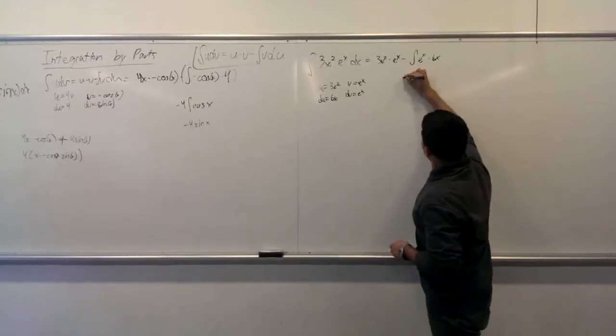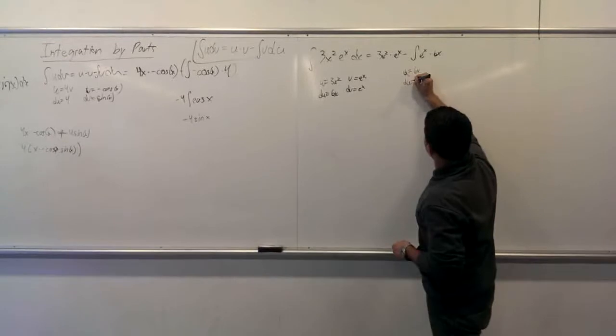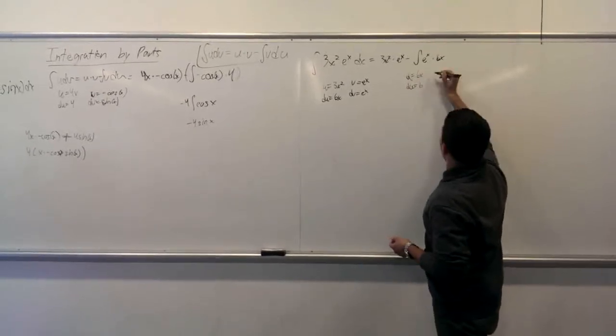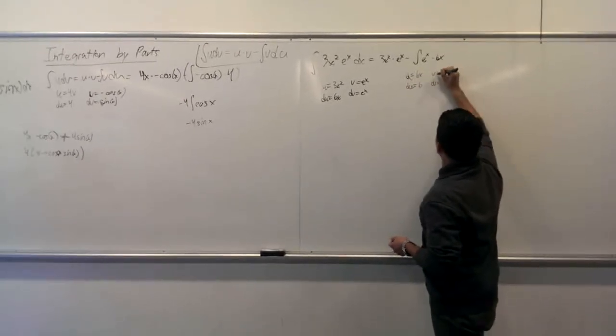6x as u, and the derivative of 6x is just 6, while v and dv are both just going to be e^x.